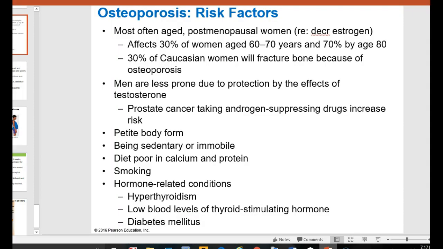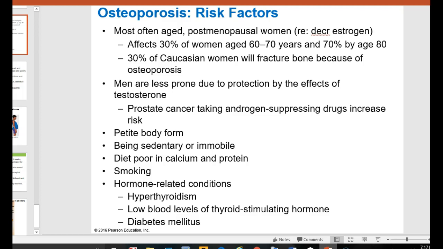So we'll turn to osteoporosis now, which is a condition that affects quite a few women, especially women of Asian and Caucasian descent, because it's thought that those women statistically have less dense bones than women of other ethnicities.